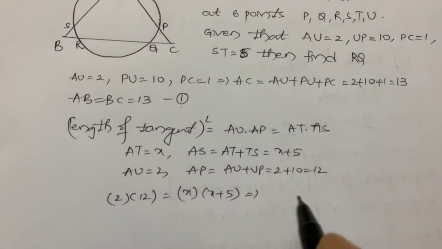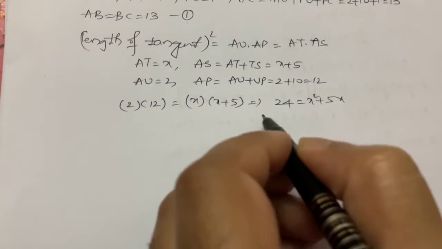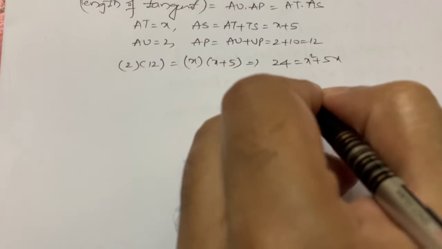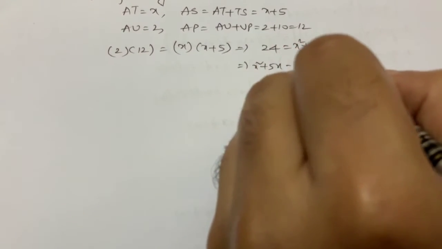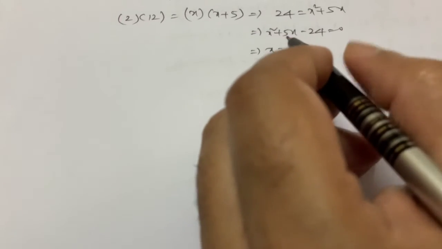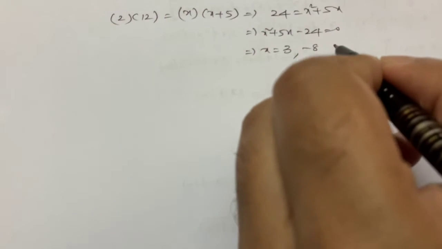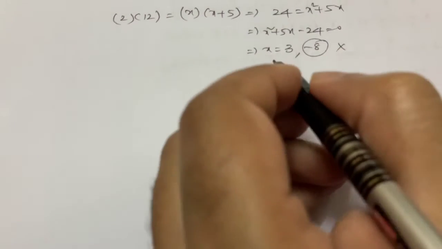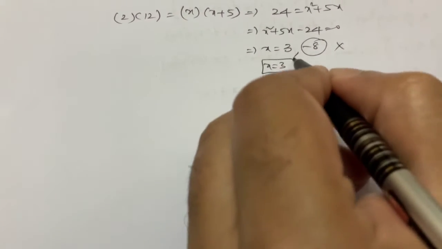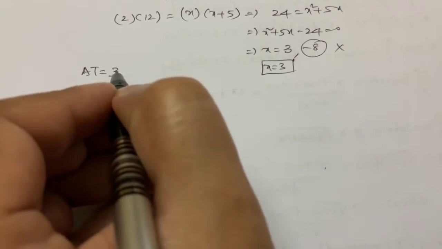So 24 is equal to x square plus 5x. So x square plus 5x minus 24 is equal to 0. So x is equal to 3 and minus 8. Minus 8 is not our answer, only x equal to 3, because this should not be negative. So we got AT as 3.